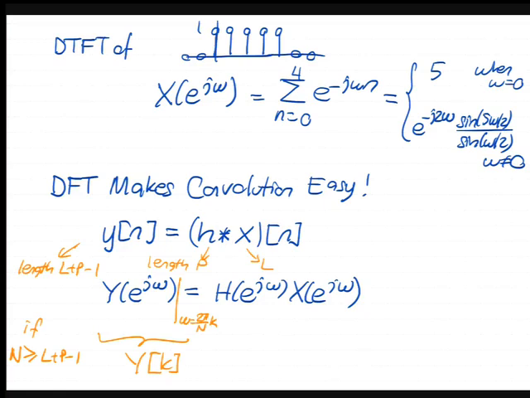So I have to also do these samples here, 2 pi by N k and 2 pi by N k. Then you get H of k times X of k. Again, I had to choose a capital N that's at least as big as L plus P minus 1.